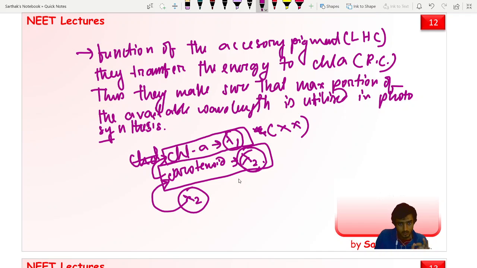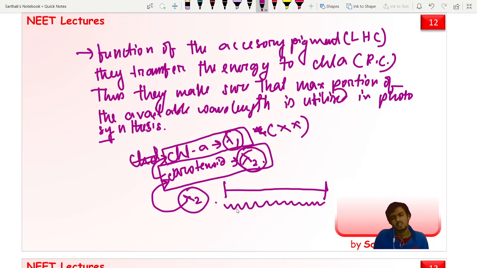So basically the light harvesting complex or the accessory pigments allow the plant to photosynthesize in a very large spectrum of wavelengths. Have you understood my point? The carotenoid or chlorophyll B photosynthesizes at a different wavelength than chlorophyll A, so in addition to the chlorophyll A wavelength, they also contribute to the photosynthetic ability of the plant.